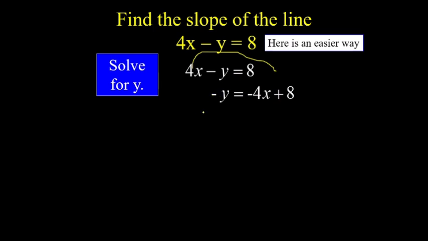Since negative yung y, you are going to multiply both sides of equation by negative 1. So, negative 1 times negative y is y. Ito ay distributive property. Okay, so, negative 1 times 4x, negative 4x is 4x, and negative 1 times 8 is negative 8.